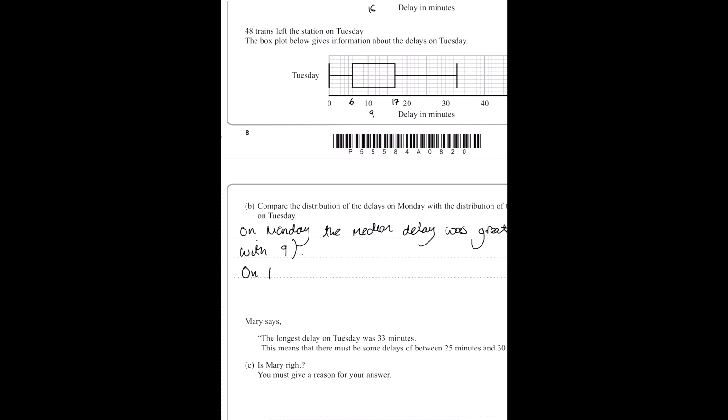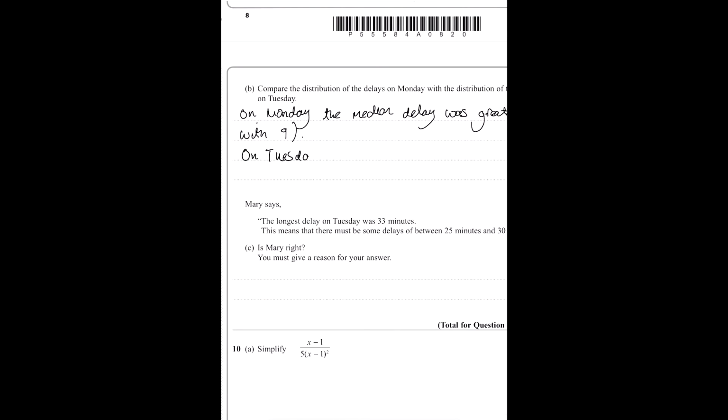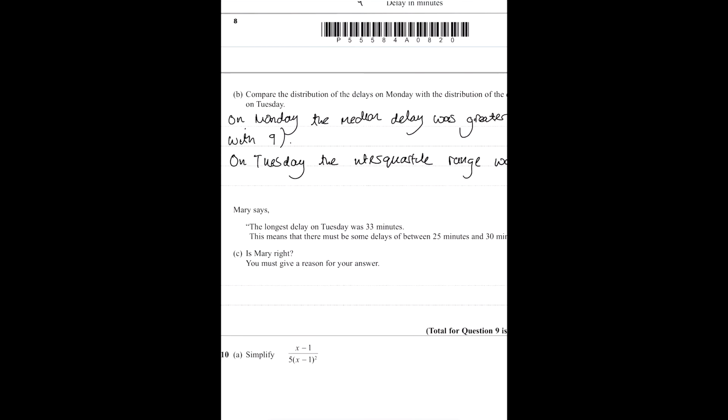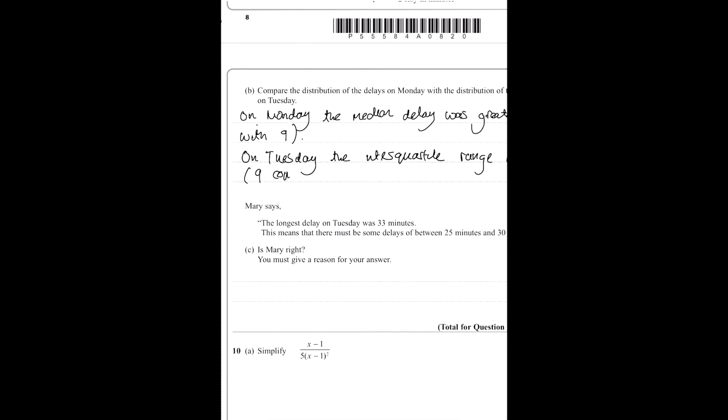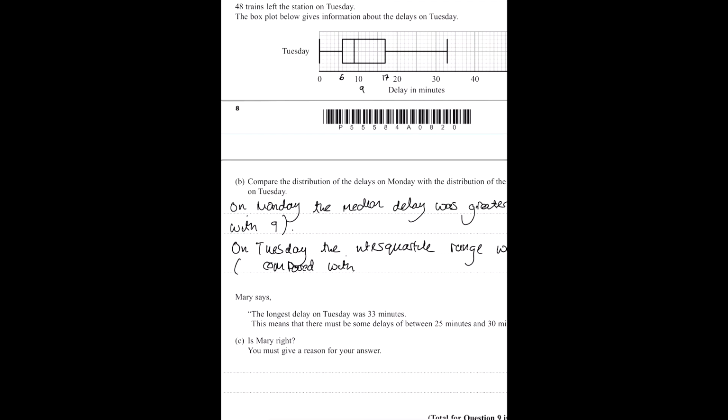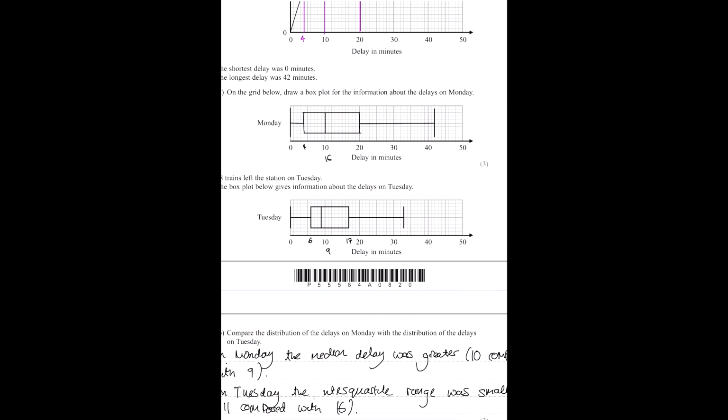So we can say on Tuesday, the interquartile range was smaller. We can say 11 compared with 16. Okay.